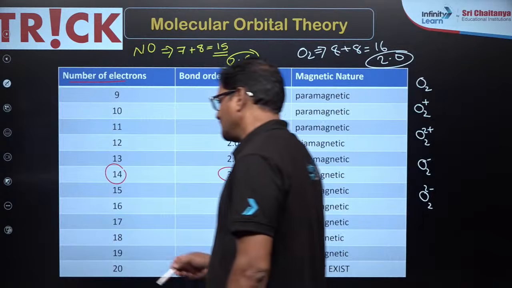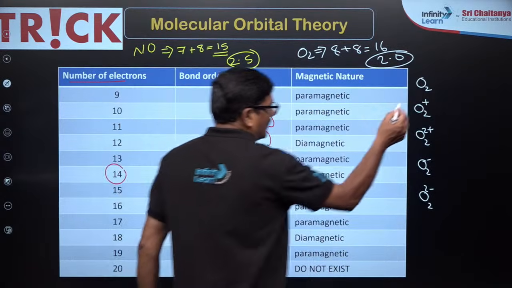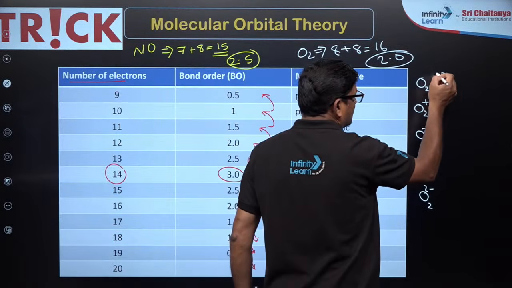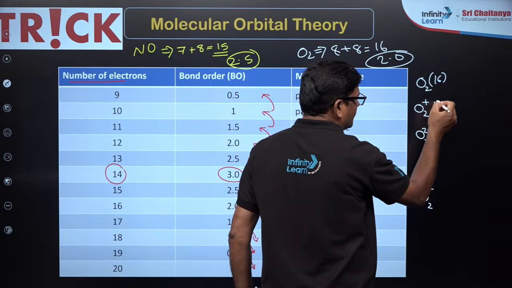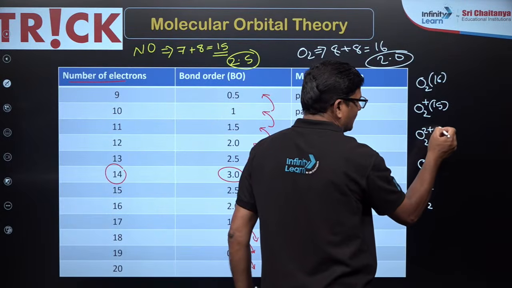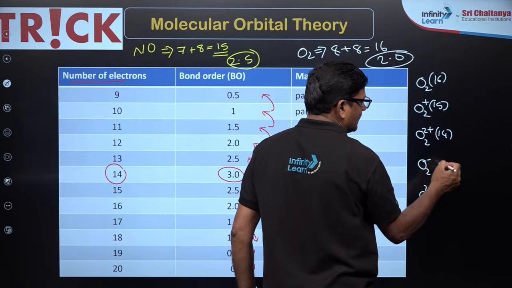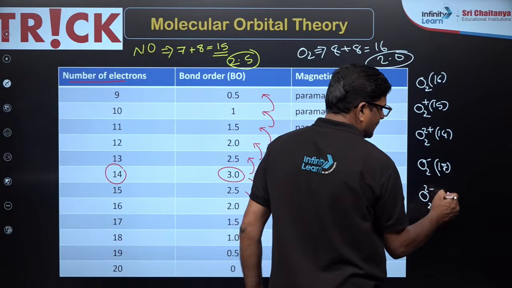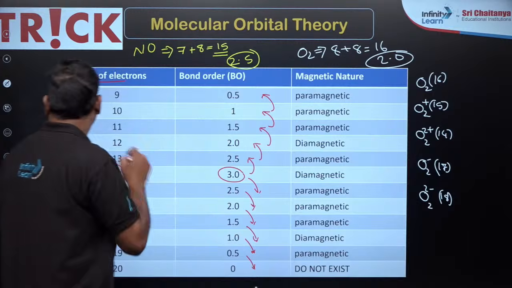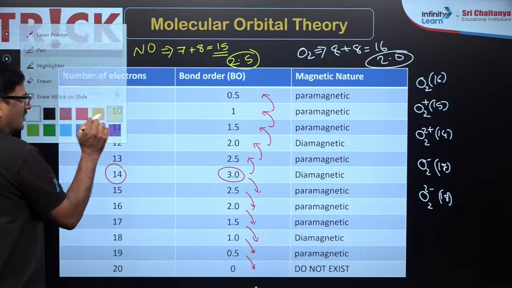O2 has 16 electrons. O2 plus has 15 electrons. O2 2 plus has 14 electrons. O2 minus has 17 electrons. O2 2 minus has 18 electrons. Now you can write the bond order values here.